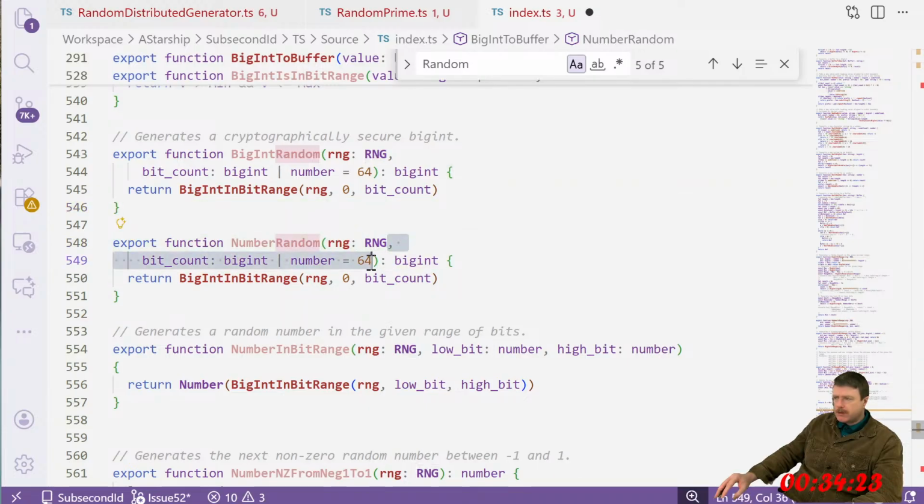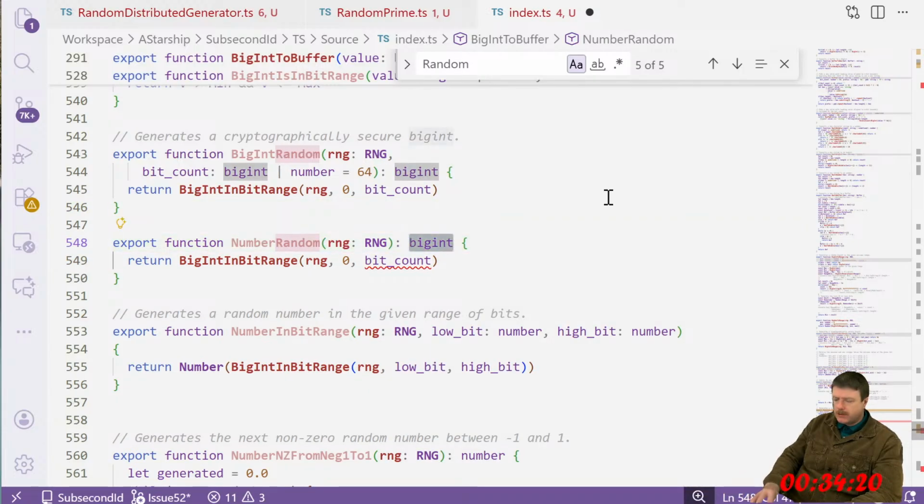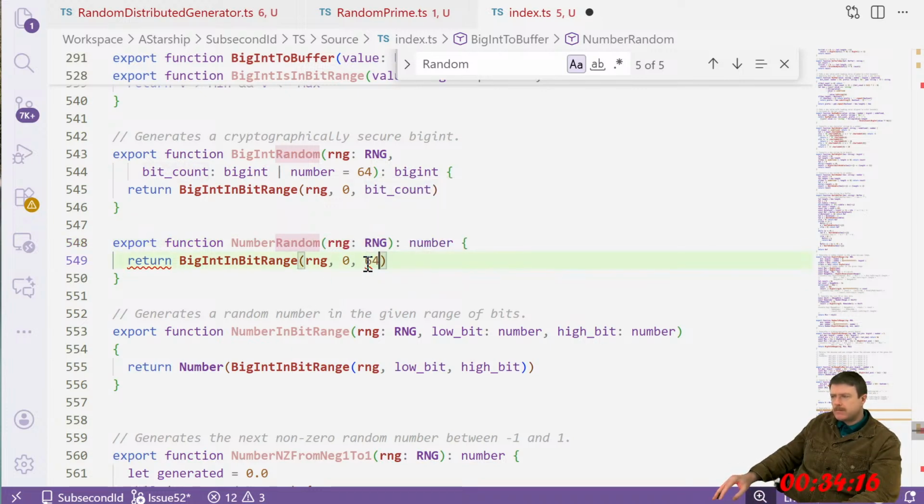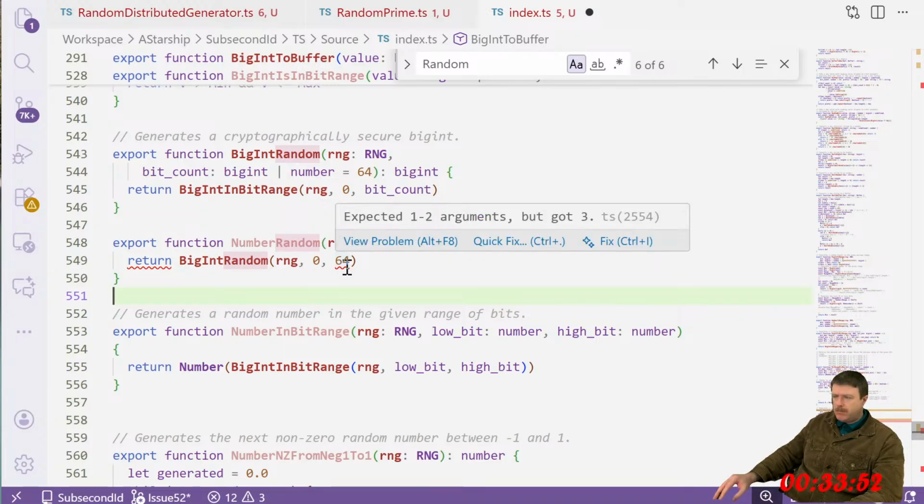Wouldn't do this. Let's fix that. What is this?